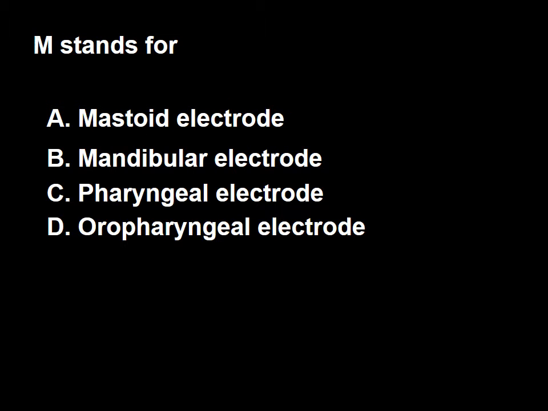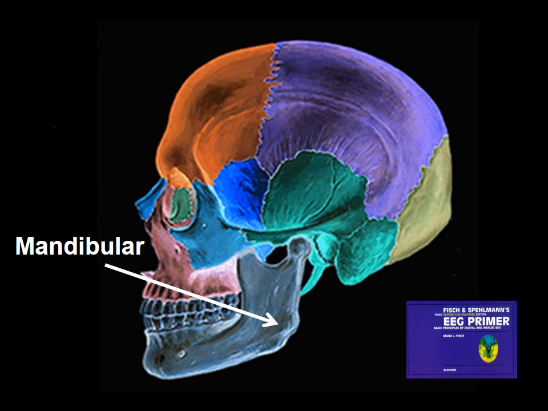The next question: M stands for: A, mastoid electrode; B, mandibular electrode; C, pharyngeal electrode; D, oropharyngeal electrode. This is a drawing of the skull, and as you can see, the arrow points to the mandibular region.